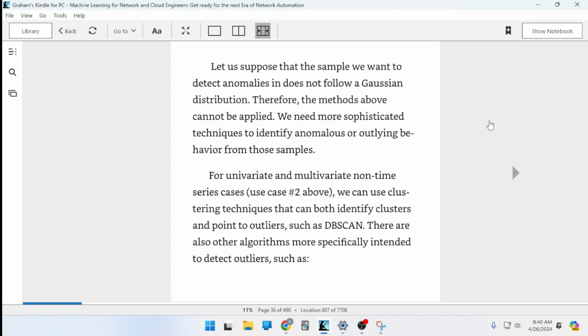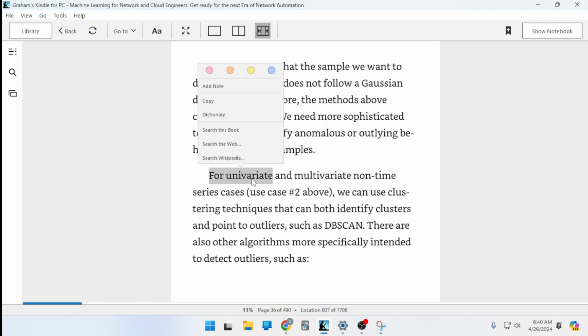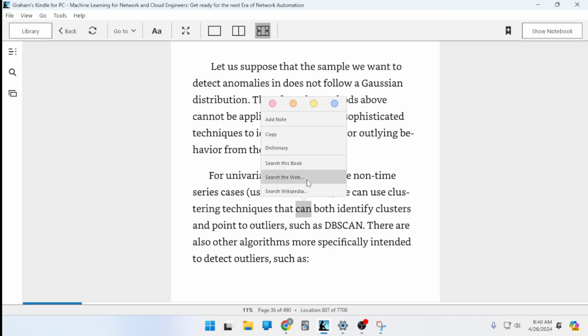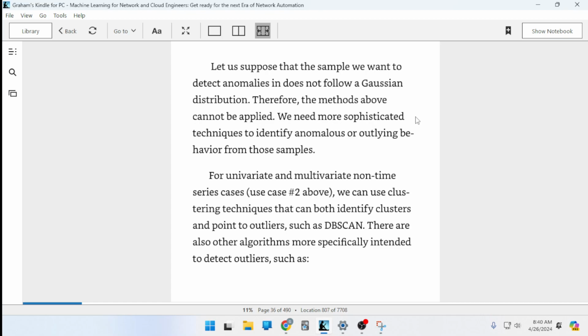Let us suppose that the sample we want to detect anomalies in does not follow a Gaussian distribution. Therefore, the methods above cannot be applied. We need more sophisticated techniques to identify anomalous or outlying behavior from those samples, for univariate and multivariate non-time series cases. For use case number 2 above, we can use clustering techniques that can both identify clusters and point to outliers, such as DBSCAN.